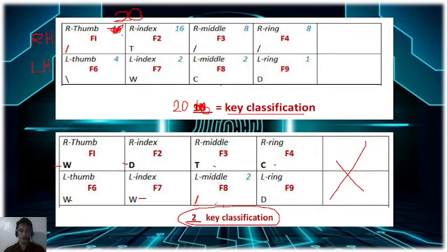And then we have here the first loop. This is the one that we are going to consider in ridge counting, and let's say the ridge count is 2. Then we are going to have here the number 2 as the key classification. Kapag yan ay 4 yung ridge count niya, then 4 ang ilalagay natin dito.